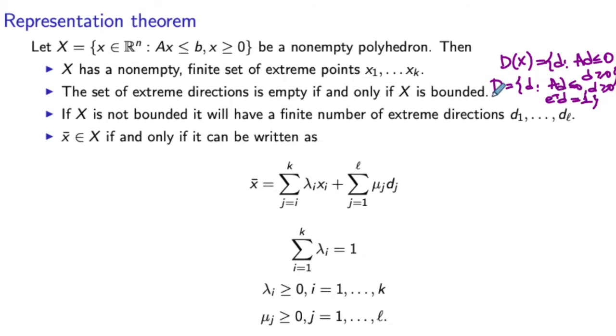This is done in order to avoid the ambiguity with the recession directions, so we just require that the sum of the entries of vector d is equal to 1. Then this polyhedron D is bounded, and we can show that the extreme directions of the set X are in fact extreme points of this polyhedral set D.